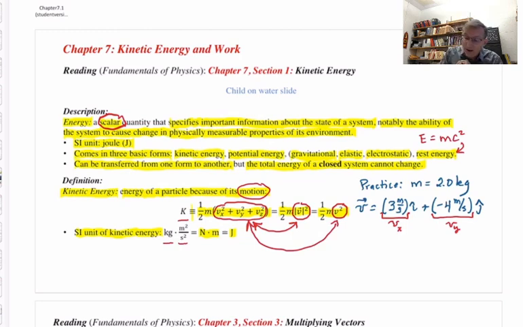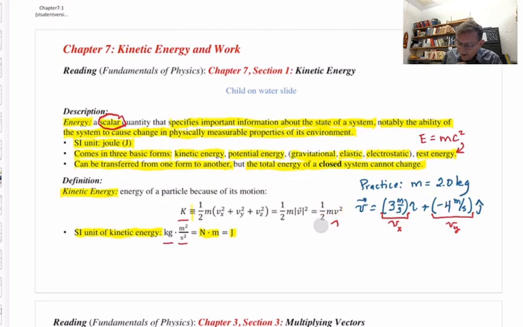All right, with that in mind, let's use the formula for kinetic energy. Let me clear up some of my marking here. And let me emphasize that the form I want to use is right here. 1/2 times the mass times the sum of the squares of the velocity components. That's the safest way to do it.